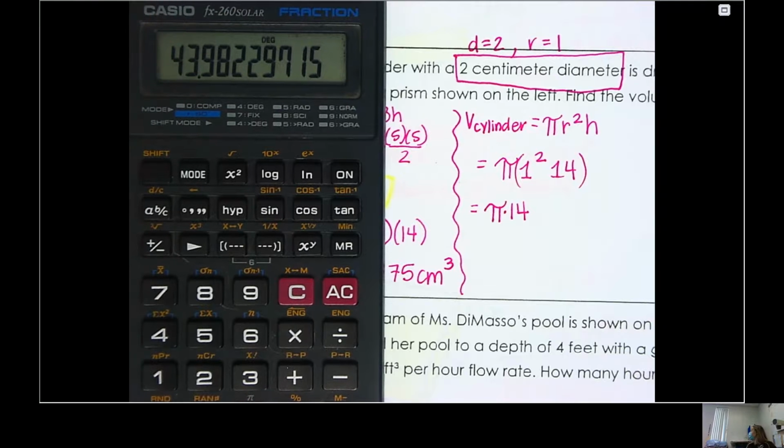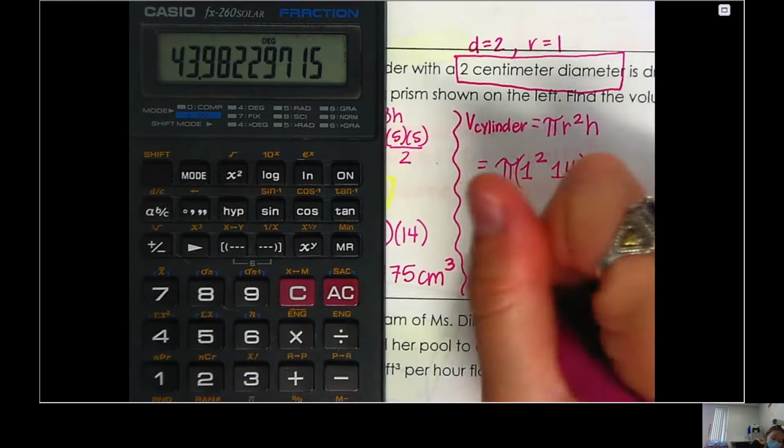Pi times 14. Yep. So you got to make sure you push the times button, right? The multiply, because if you don't push multiply, your calculator's going to get stuck on 14, and it's like 14 equals 14, 14, 14, 14. And you're like, what the heck, right? So you have to make sure you push the multiplication button.